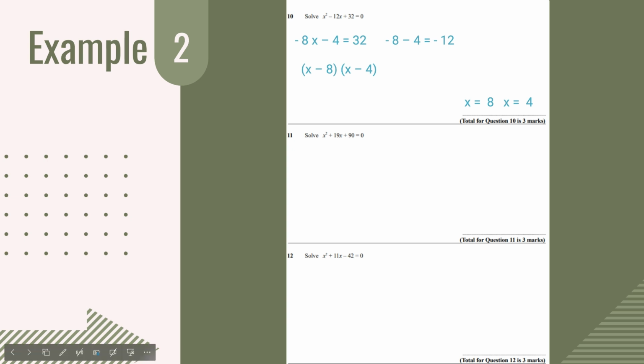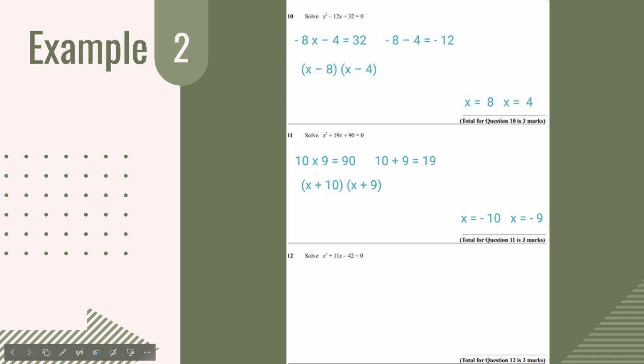Now in our second question, we're asked to solve x squared plus 19x plus 90 equals 0. 10 times 9 equals 90, and 10 plus 9 equals 19. So our brackets are x plus 10 and x plus 9, meaning our values for x are x equals minus 10 and x equals minus 9.